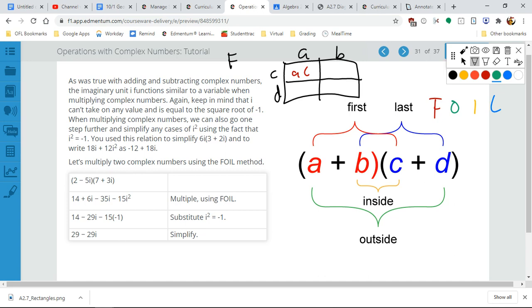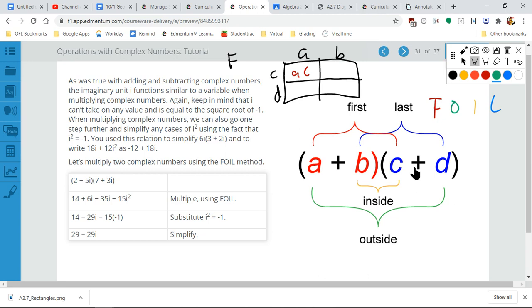So we can do the box method by doing it this way: first, outer, inner, last. I like the box method. You don't have to memorize the FOIL, it's literally just do what you have to do. But I'm going to show how FOIL is the exact same thing as multiplying by the box method.